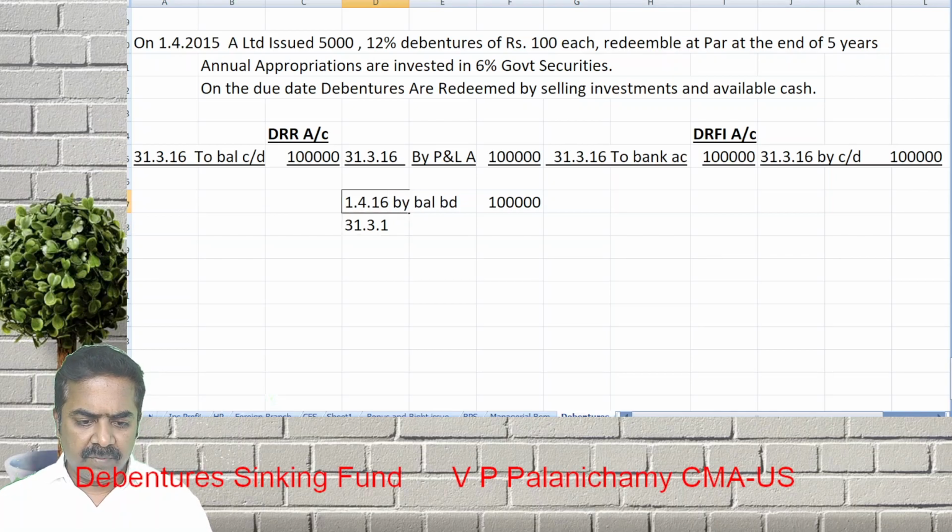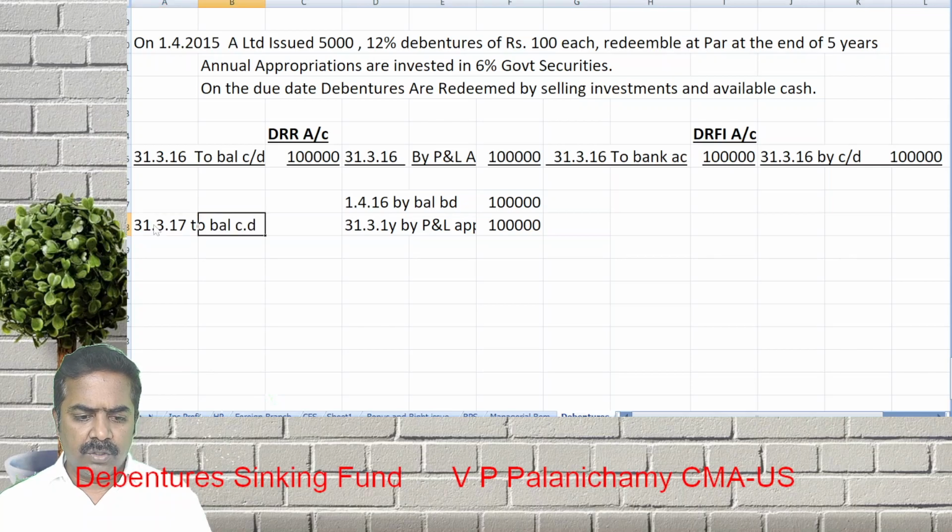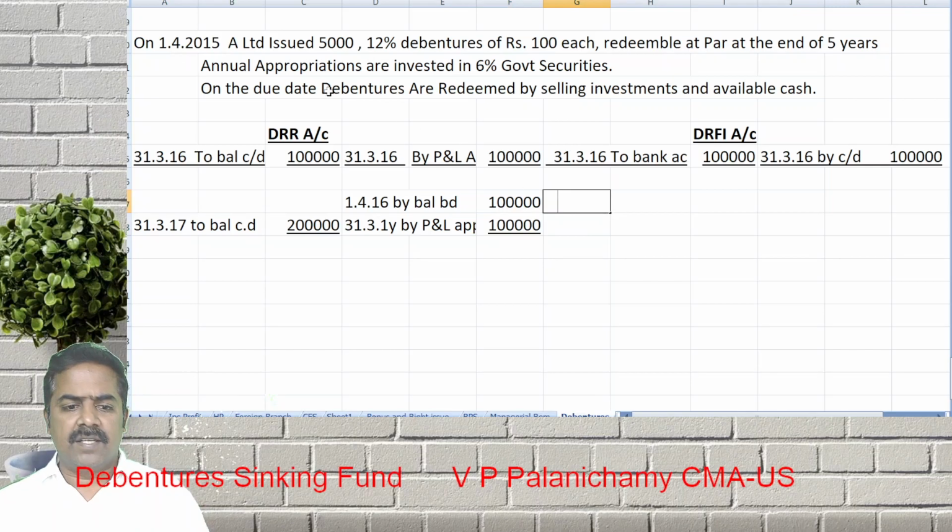Second year, 31st March 2017, again we will take money from the P&L account. By P&L appropriation account, how much will we take? 1 lakh. Then 31st March 2017 to balance carry down will be 2 lakhs, and the fund will be 2 lakhs. Interest comes separately. Since only appropriations are invested, the interest we get every year we can transfer to the P&L account.